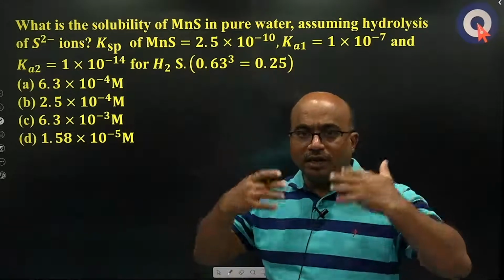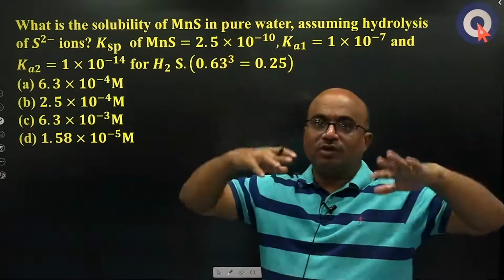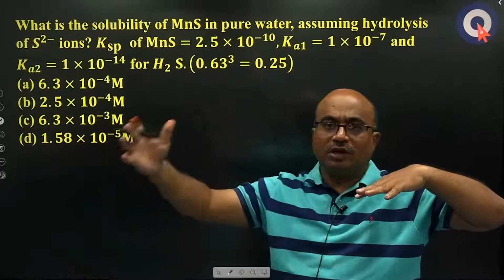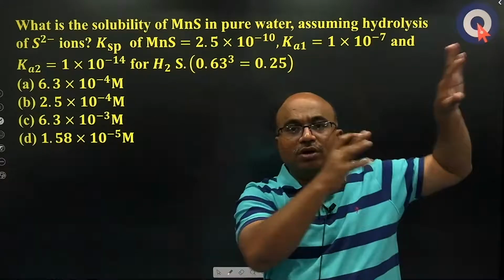As you get the ion concentration, it tries to move into complex formation, so as the reaction gives that particular ion, it might be converting into complexes.